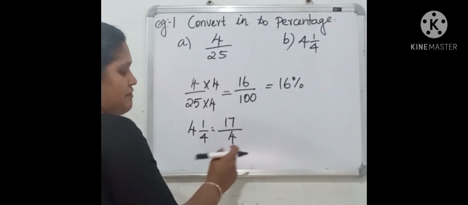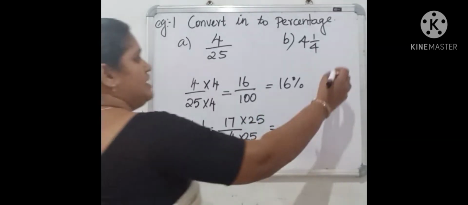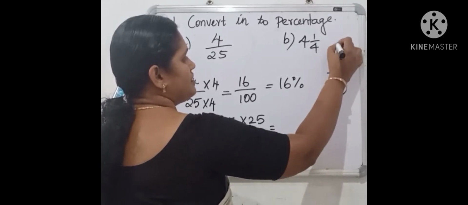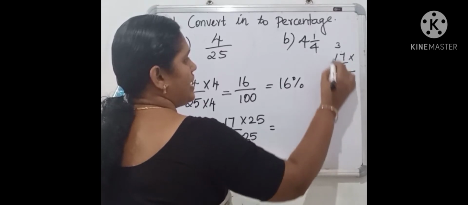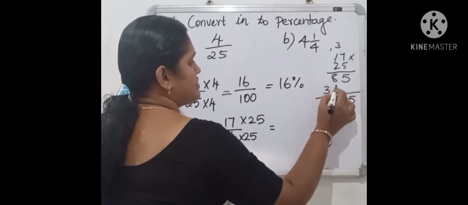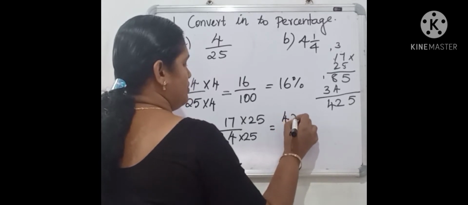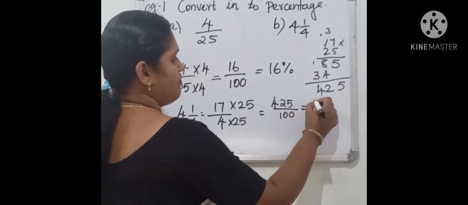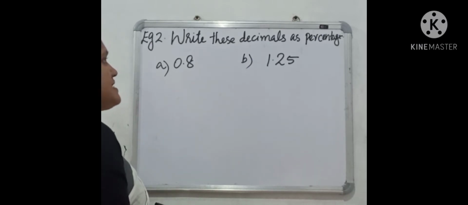To convert this into a decimal fraction, we should multiply here by 25. 17 into 25. 7 5s are 35, 3 carry over. 1 5 is 5, 5 plus 3, 8. 7 2s are 14, 1 carry over. 2 1s are 2 plus 1, 3. 5. 8 plus 4, 12. 1 carry over, 4. 425 by 100, which is 425%. Okay, example 2. Write these decimals as percentage.